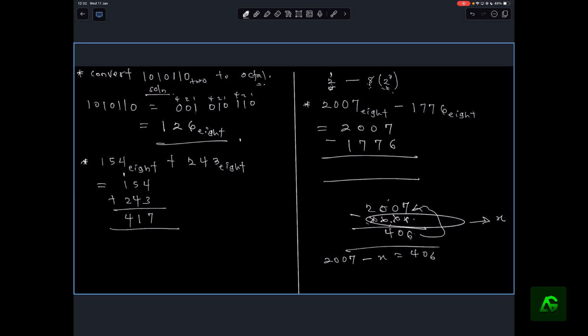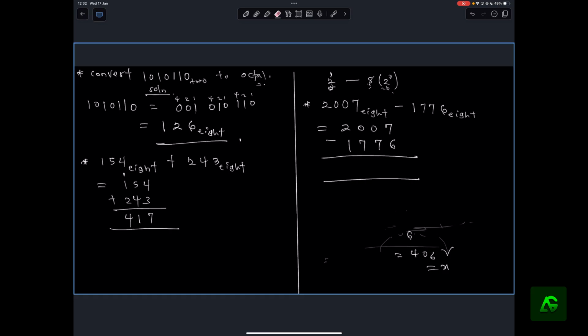This is a simple equation, so you collect like terms. This one moves from here to here: x is equal to 2007 minus 406. So x is the difference between these two. That is how you solve that. This is just a kind of hint, in case you come across something like this, and I might give you something like this.